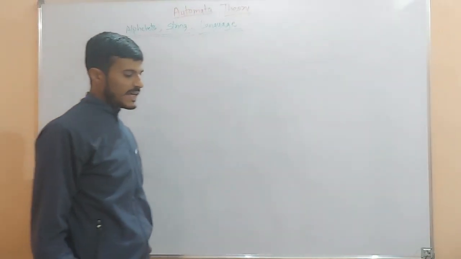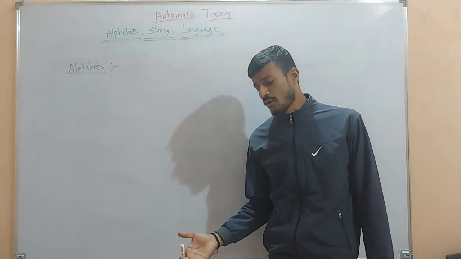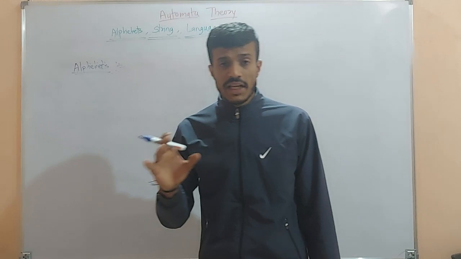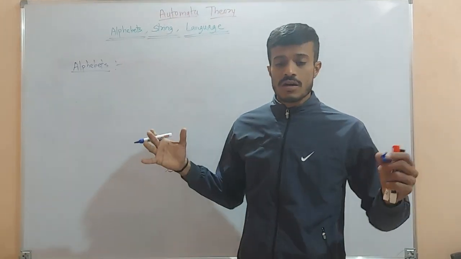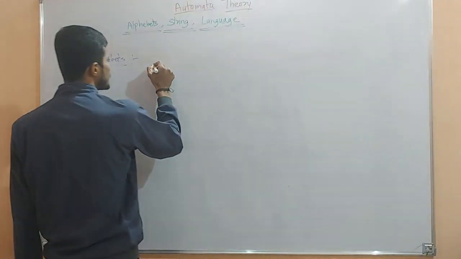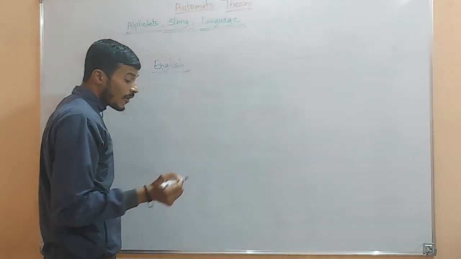As we know, a natural language like English or a programming language like C, C++, Java or any type of programming language requires some alphabets for construction. Let us see the English language.